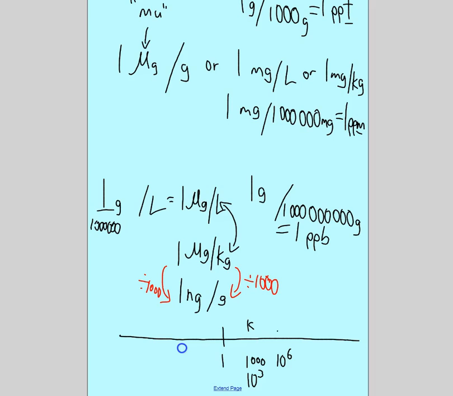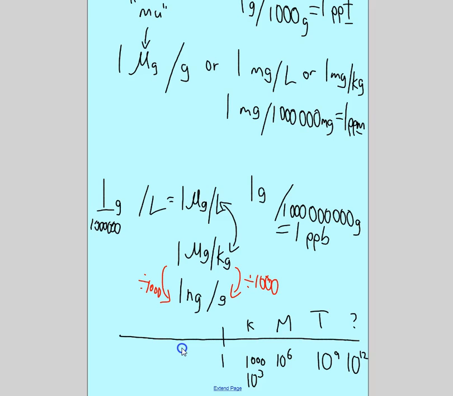We have mega, and then 10 to the power of 9, which is billion, and then we have 10 to the power of 12. And for some of these very large values, I think billion is tera, and I'm not sure about the trillion. I'd have to verify that, but we're dealing with the opposite side of the scale.